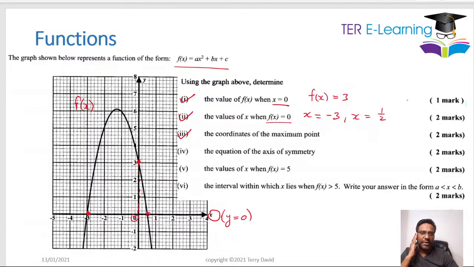I don't know how well it's showing on your screen, to be able to see what the maximum point is.